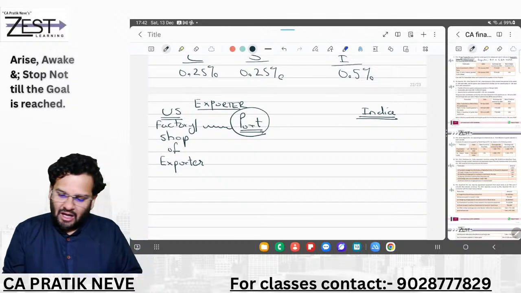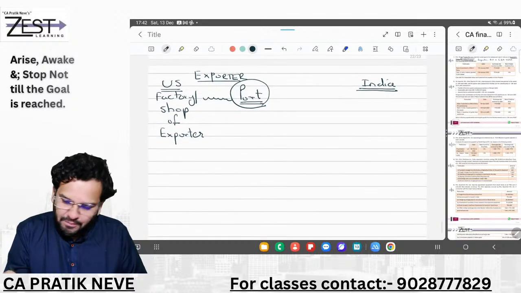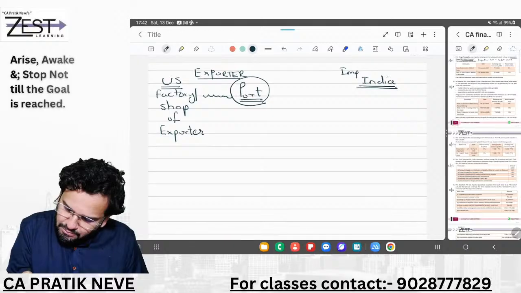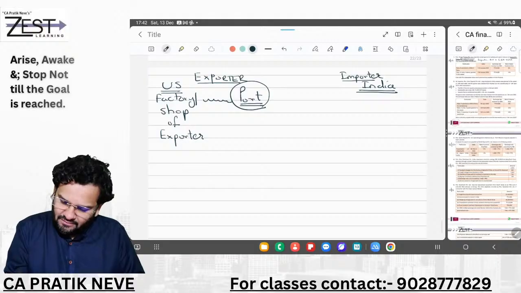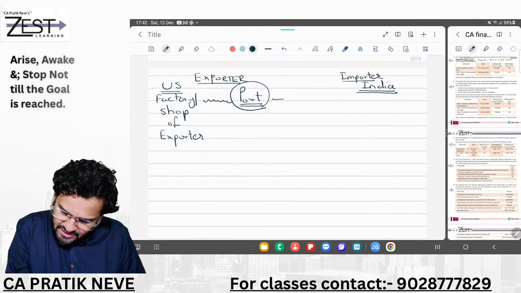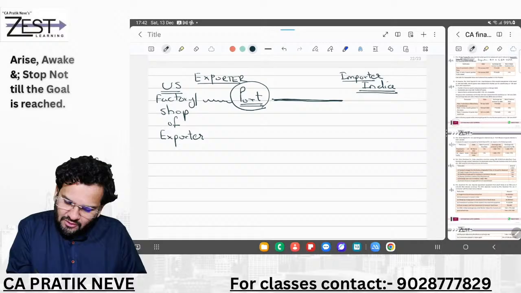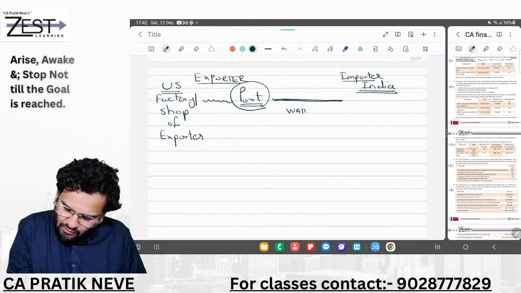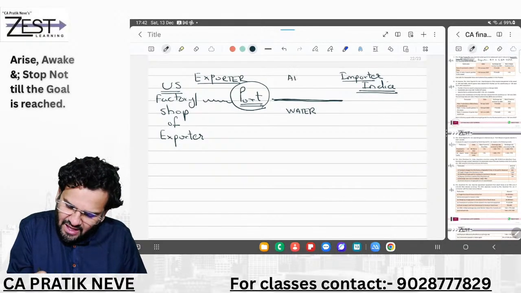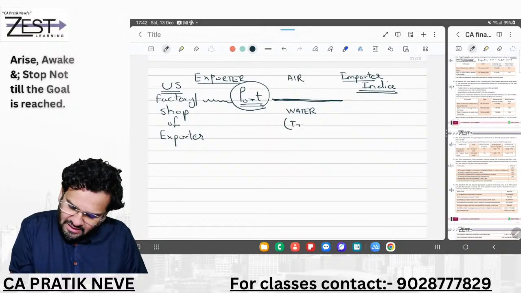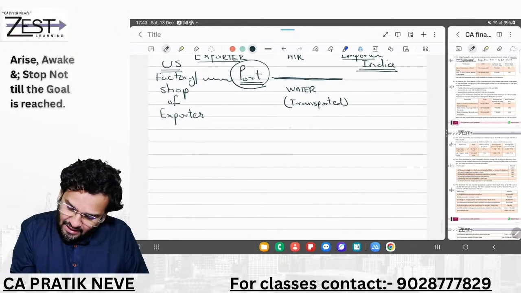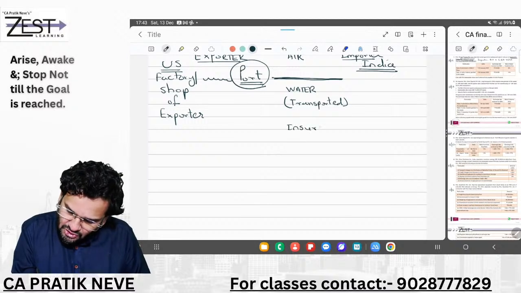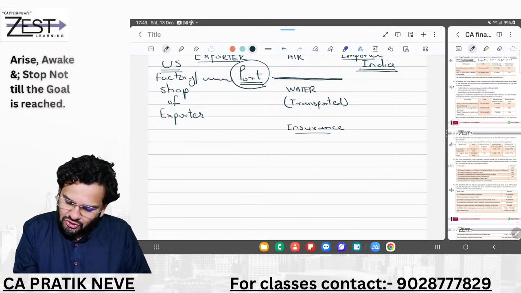Now, friends, in India, the importer is sitting. In India, the goods reach. Here is the international water, or here is the air. Whatever way the goods are transported, there is an insurance also taken out.